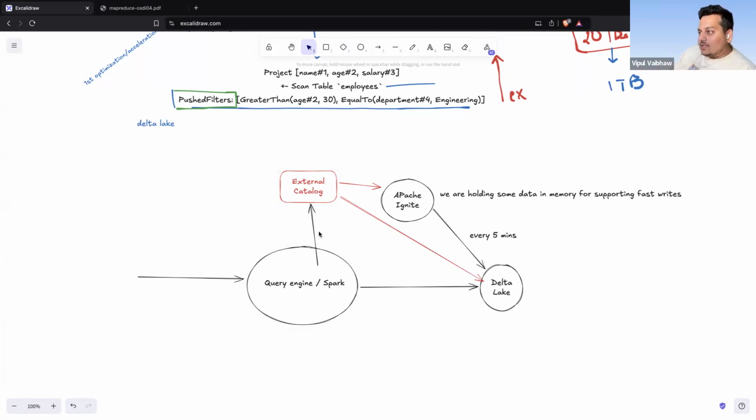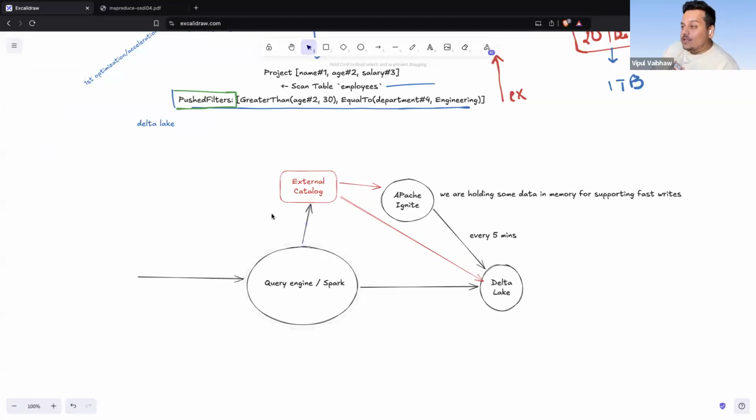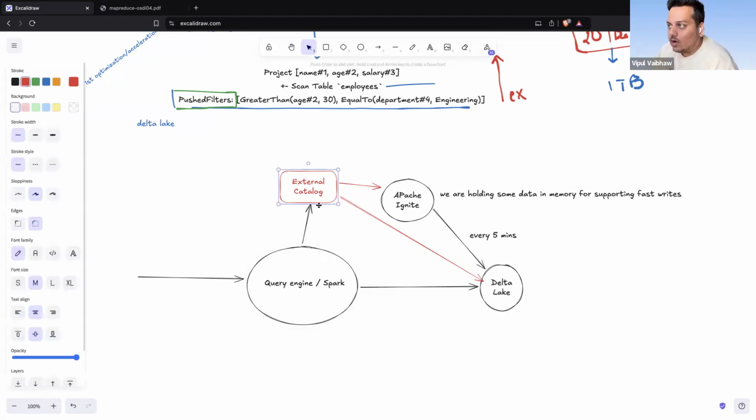In this scenario, one good feature to have is, instead of bouncing from Delta Lake, saying I went to Delta Lake, could not find the table there, so now I should check Apache Ignite, or going to Apache Ignite first and then Delta Lake, that hop is reduced. You just talk to the external catalog, and it is always aware which tables are present in which particular database, and it can directly tell Spark how to plan your query. Makes sense? That is the use of an external catalog.